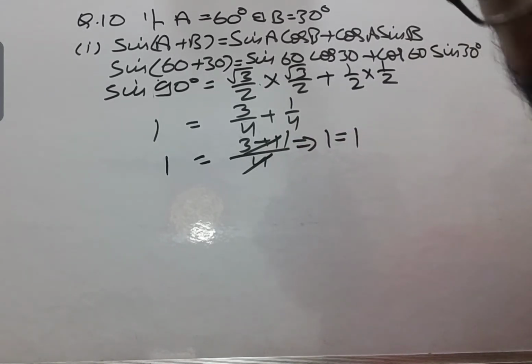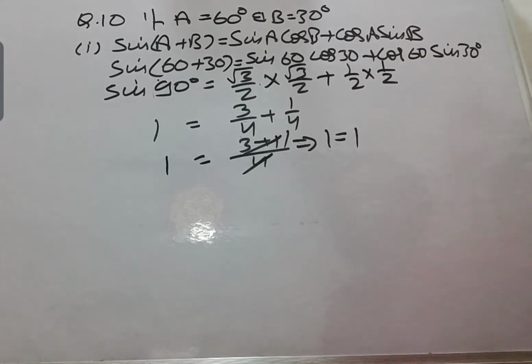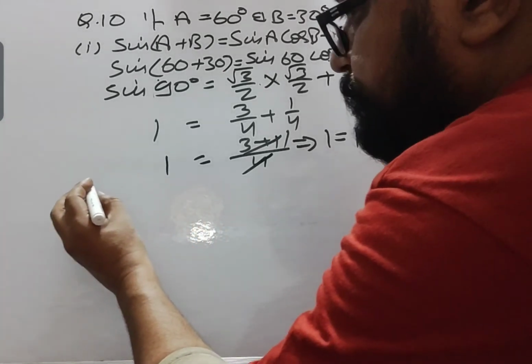Now we have the second part. So this was the first question, sin(A + B) is equal to 1.